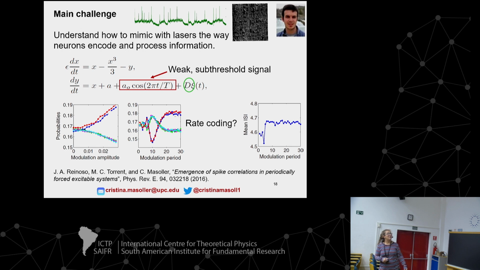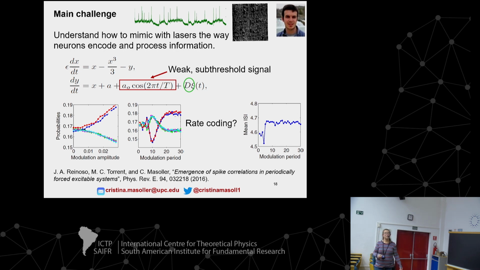Because if you calculate the inter-spike interval, the average, so the inverse of the spike rate, you see that there is a wide range of locking. The system is locked, so independent of the period, the spikes are locked. The inter-spike interval is almost the same.